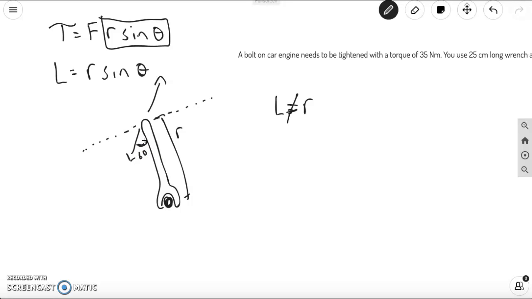All right. So if that angle is 60 degrees, we know the angle that we're working with. We know our radius. So it's pretty easy to find the lever arm, which is just going to be the radius, which is 25 centimeters or 0.25 meters, times sine theta, which in this case is 60 degrees.